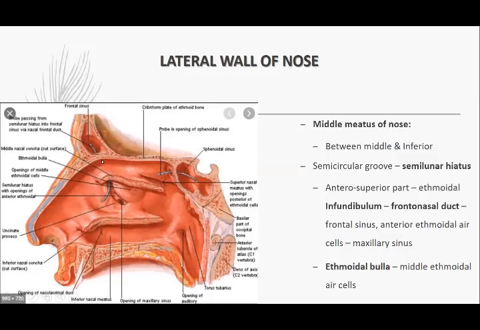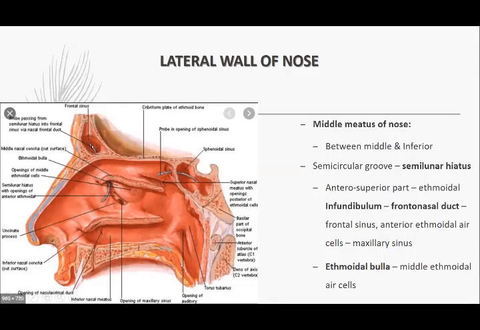This infundibulum is connected to the frontal air sinus by way of this canal, you can call it a tunnel, or whatever you want to call it, or a duct. This is the frontonasal duct connecting the frontal air sinus to the nose.